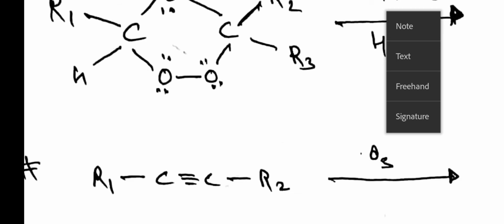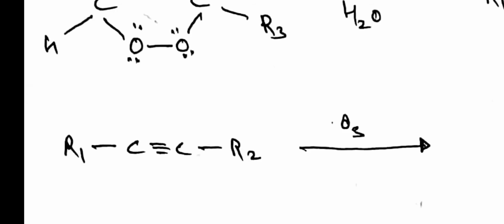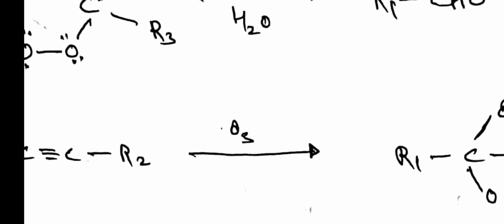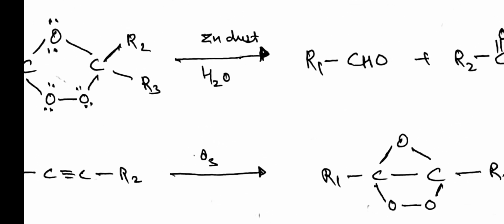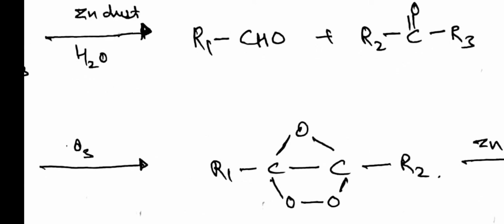The last thing I have here is that ozonolysis can also be applicable to an alkyne. So ozonolysis can also occur with alkynes. When they undergo ozonolysis, we also get a similar ozonide here.